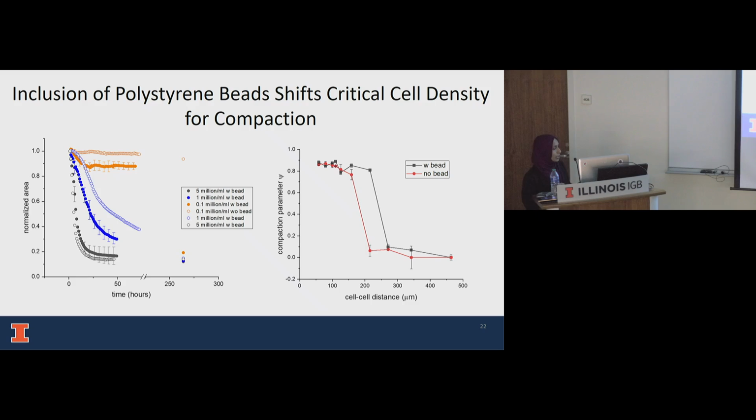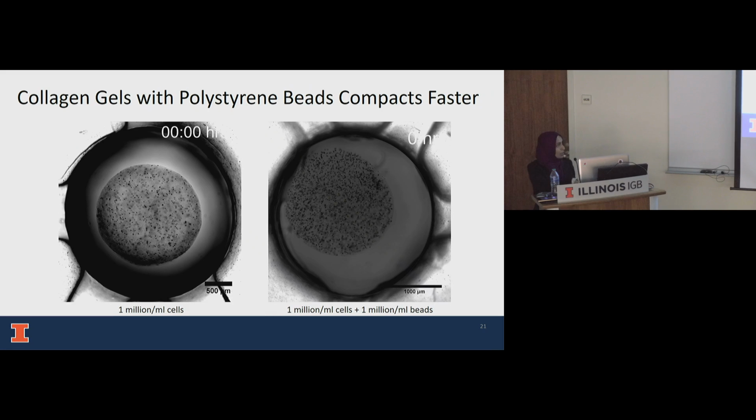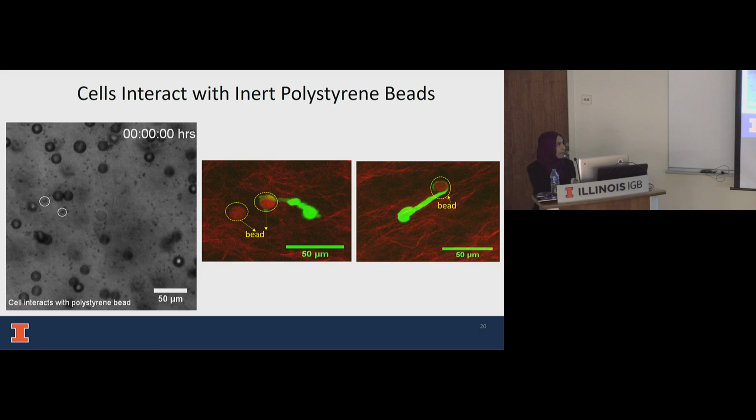This is the curve that I showed before. And the black curve is just the same cell density, but adding beads with them. How many beads was the concentration of the beads? So the bead concentration was 1 million beads per ml. Okay.